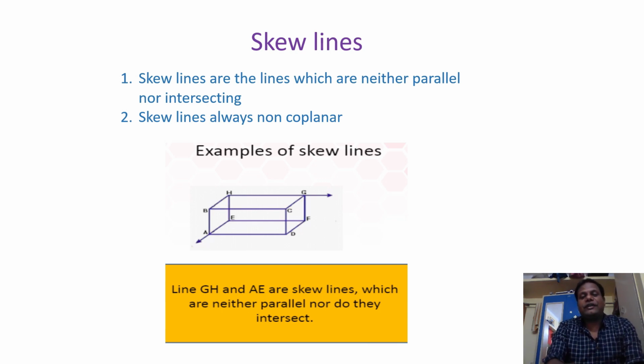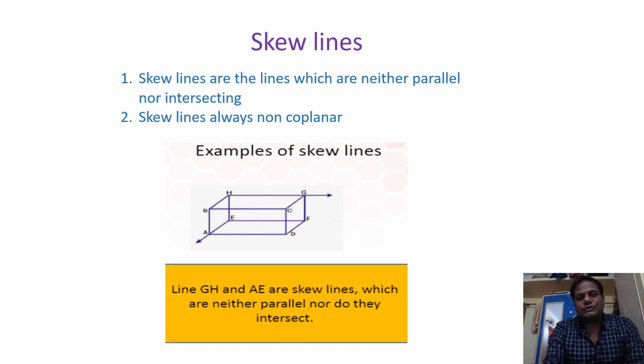See here, we have given one graph. Once you go through that graph, see here the line HG and the line AE. Once you observe them, even if you extend those two lines, will they intersect? No. Are they parallel?